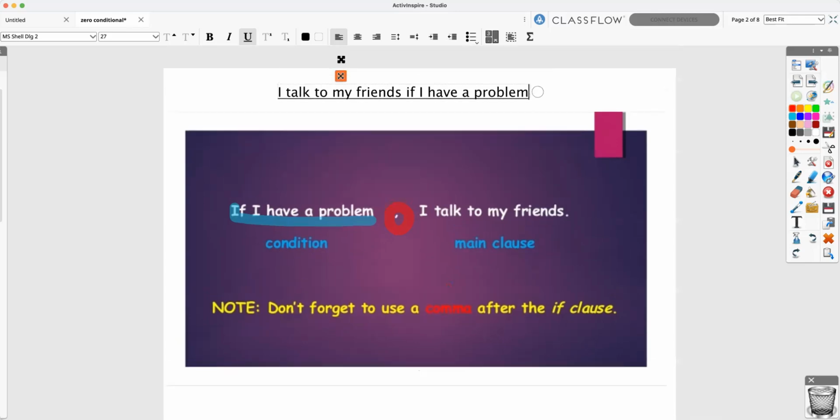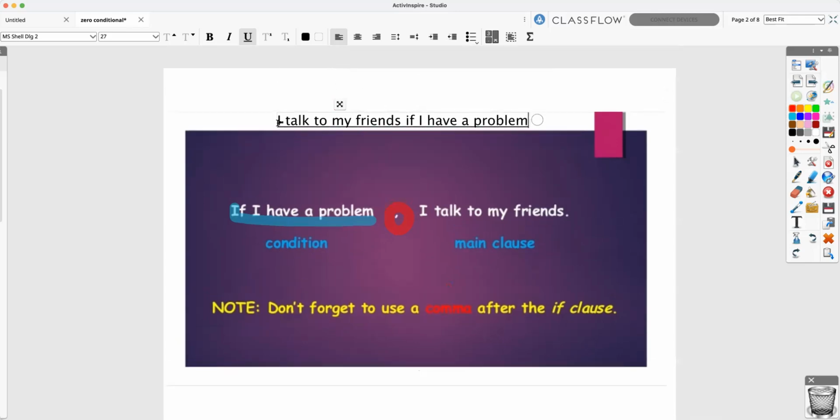Entonces yo también puedo usarlo así. Fíjense, yo hablo con mis amigos si tengo un problema. So I'm telling absolutely the same, but you can change the order. First, the result, and then the condition. And the meaning, the definition is going to be the same.